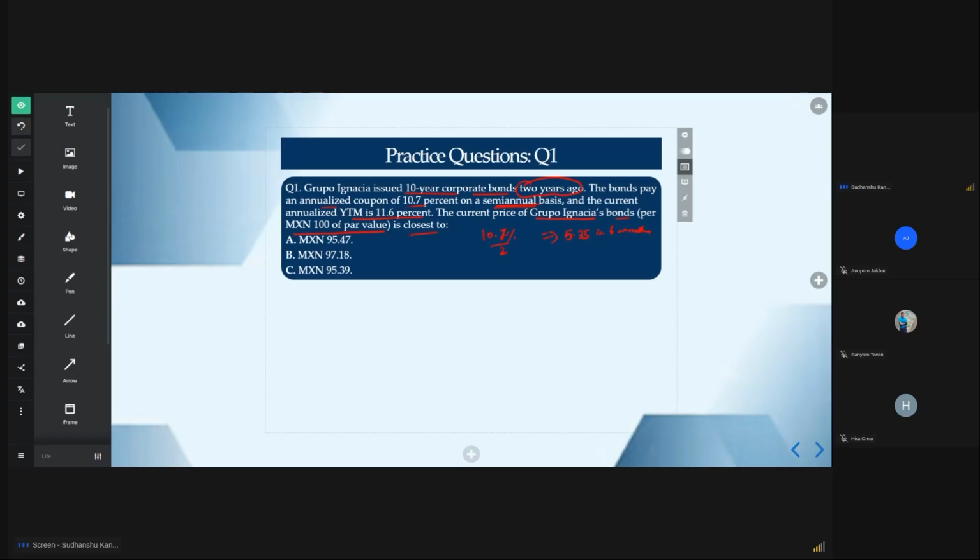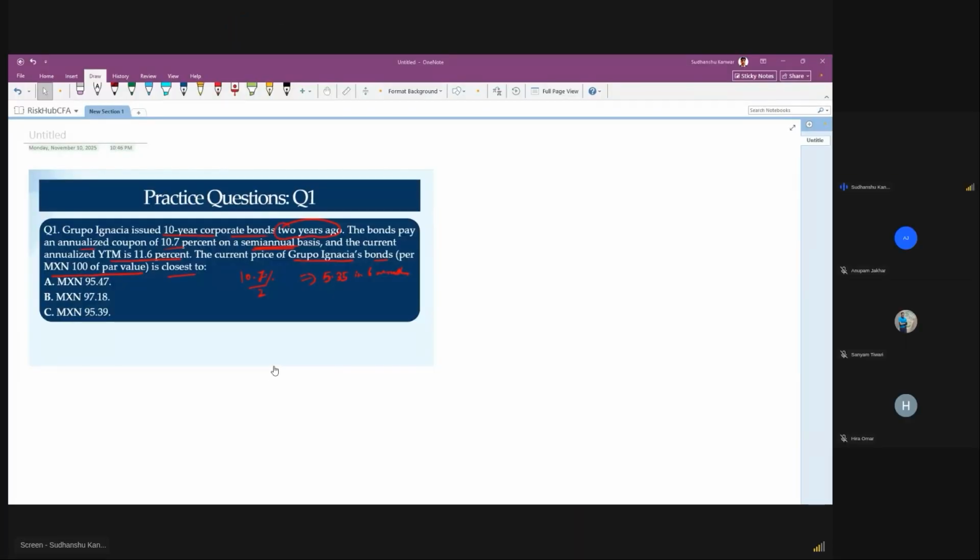So let me shift my screen and take you to OneNote, where I can write easily. We'll keep coming back here. I have copy pasted the question, now let me solve it here.